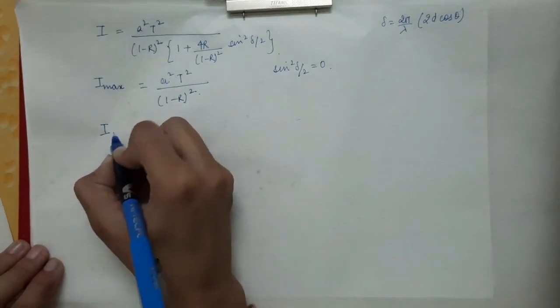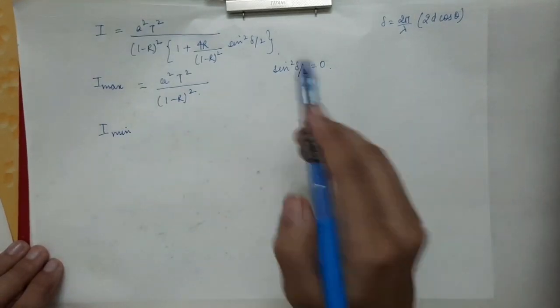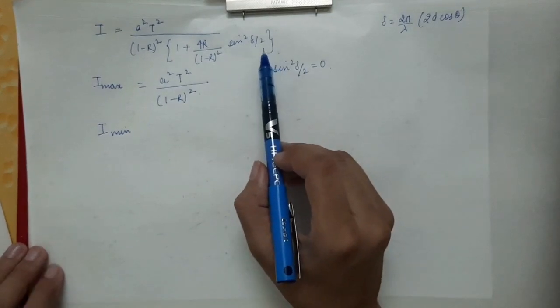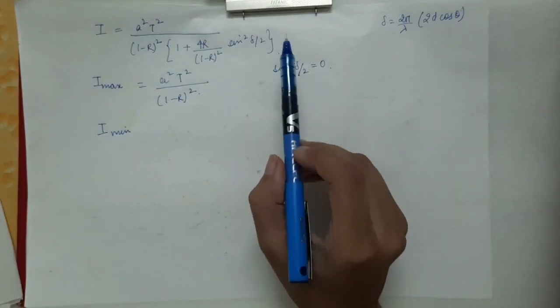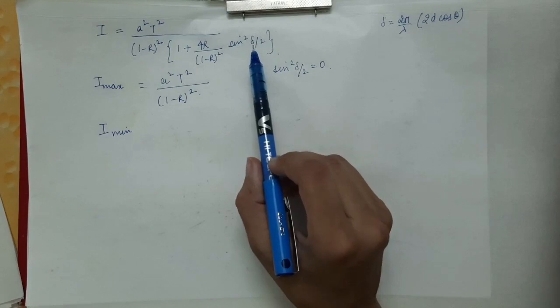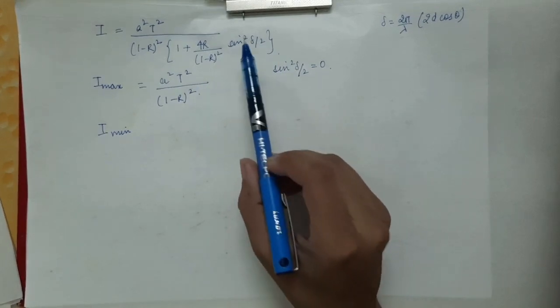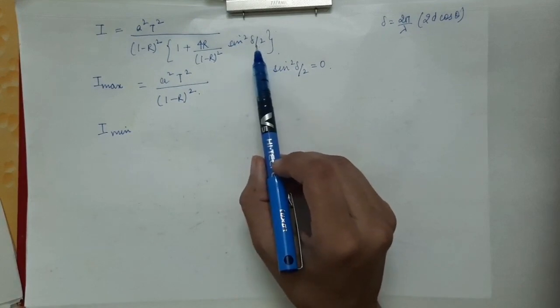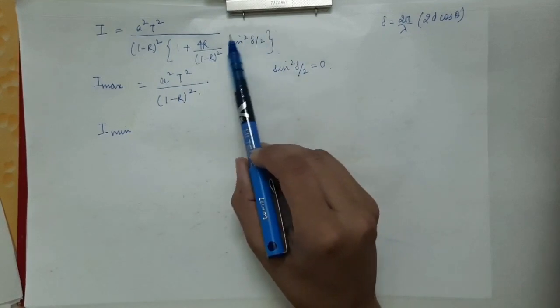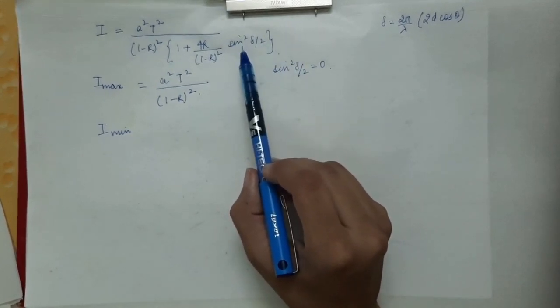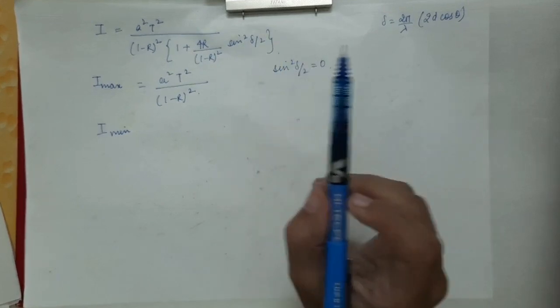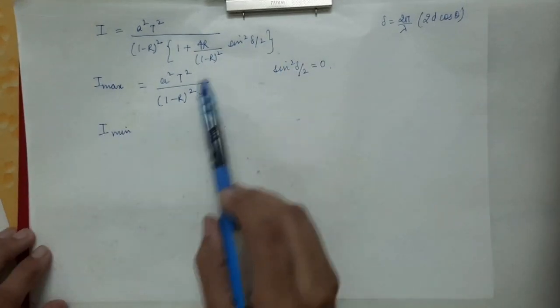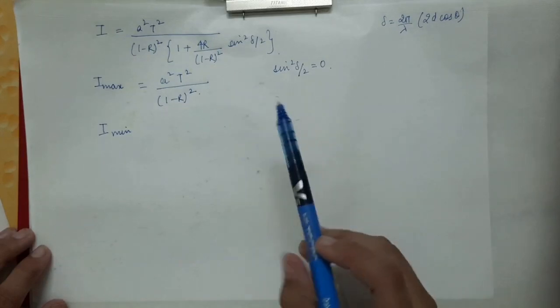And similarly, we can calculate I minimum. Now sin square delta by 2 can have maximum value of 1. Sine theta varies from -1 to +1. Here we have sine square theta, so sine square theta will vary from 0 to 1. So maximum value of sine square delta by 2 can be equal to 1. So for minimum intensity, denominator should be maximum.